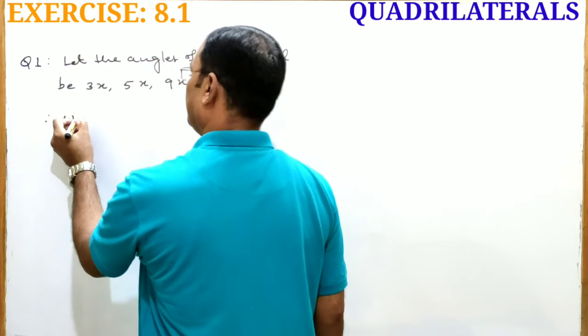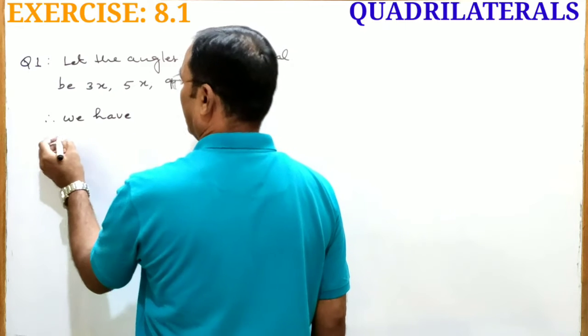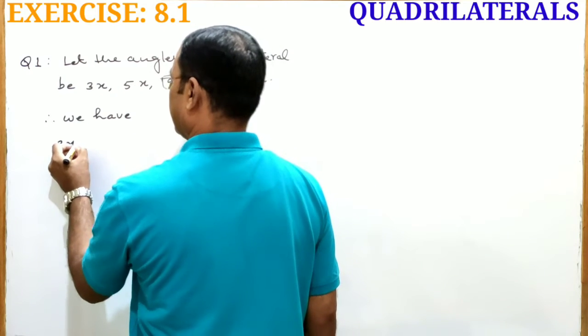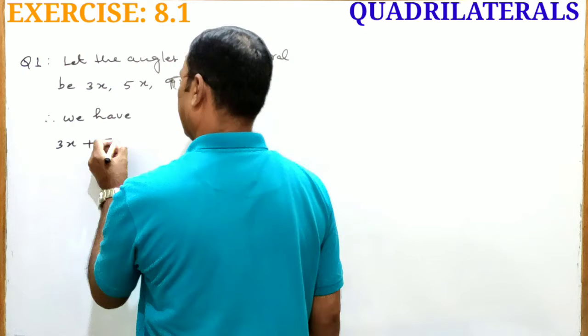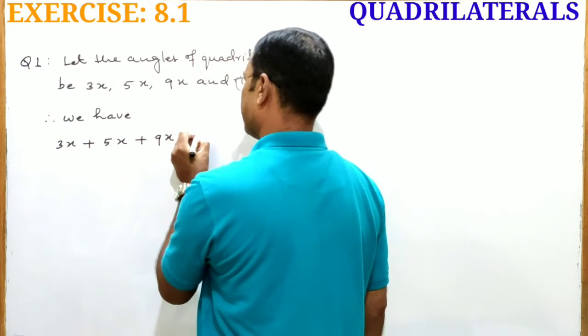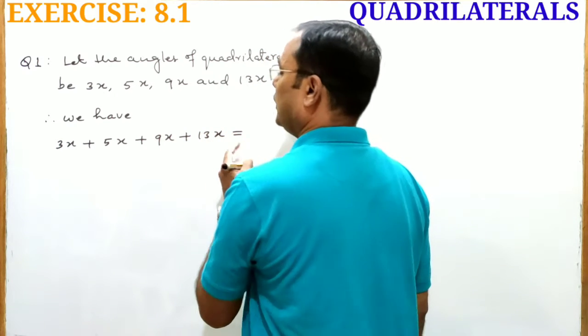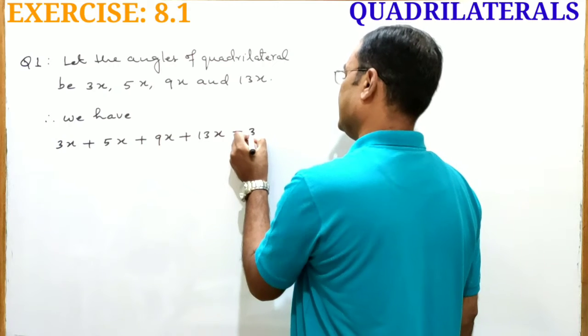Therefore, we have 3x plus 5x plus 9x plus 13x equal to 360 degrees.